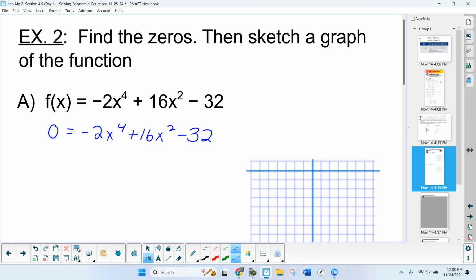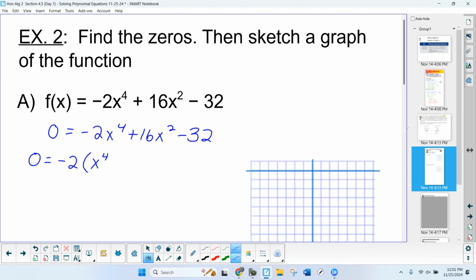First rule of factoring, since that's the only way we've done them right now, is GCF. Does this one have a GCF? Oh, yeah, it does. What is it? -2. So when we pull out a -2, and you're pulling out a negative because the leading term is negative, what do you guys have left? X to the 4th.